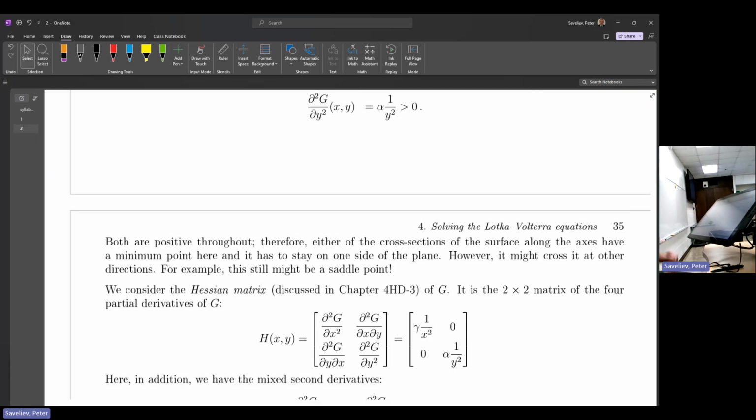So you have dx squared, dy squared, and then dx dy and dy dx. You bring them together into this table of partial derivatives, which is called the Hessian.